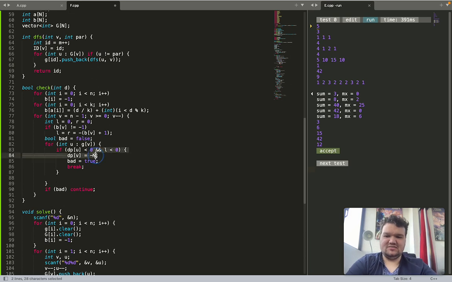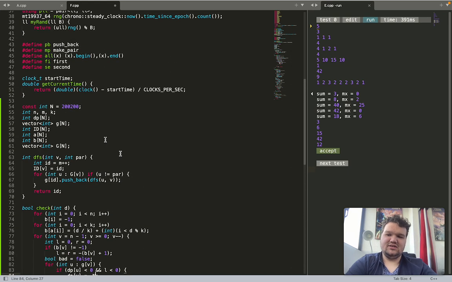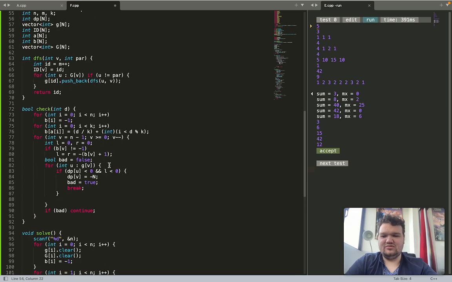In this case, big N is infinity because, well, it is bigger than every possible dp value. So, yeah. And then update minimum and max.